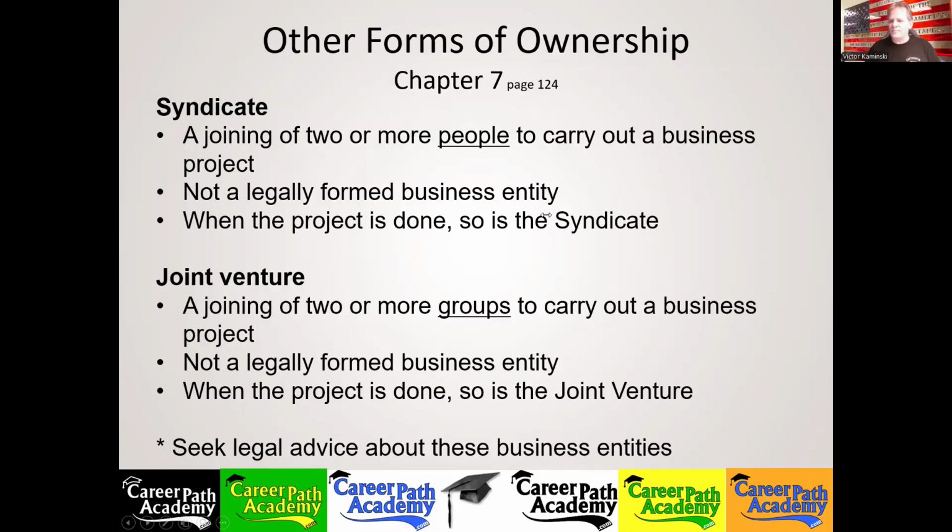They're not legally formed business entities. So when the project is done, so is the syndicate. And a joint venture is the same thing, except instead of two or more people, it's two or more groups. Like if you and a friend get together and decide to buy a house so you can fix it and flip it, you're a syndicate. You got together to carry out a certain business project. When the project's done, the syndicate's done.